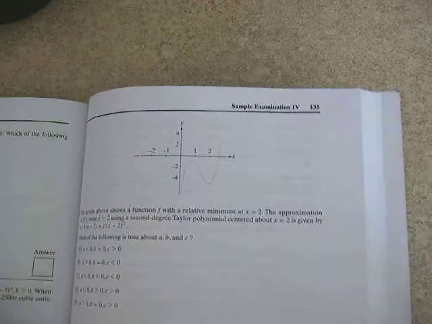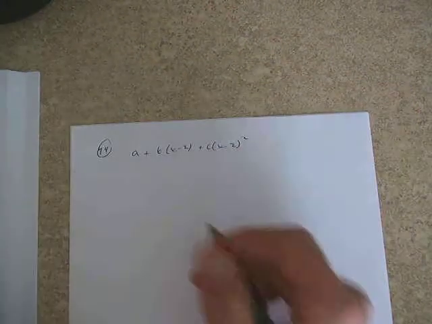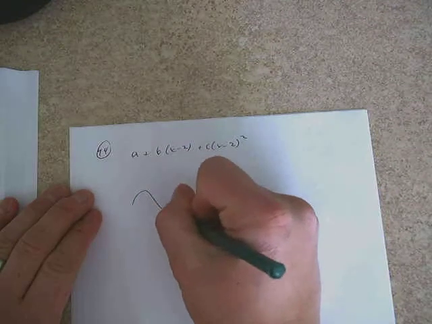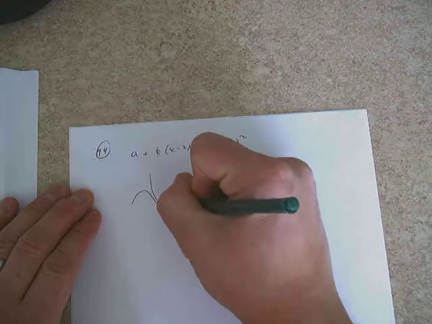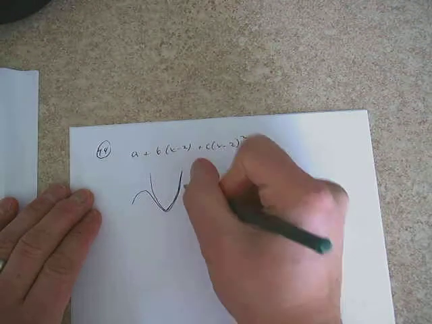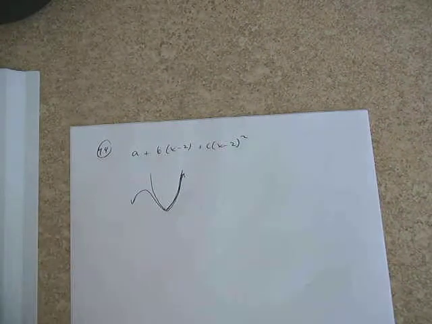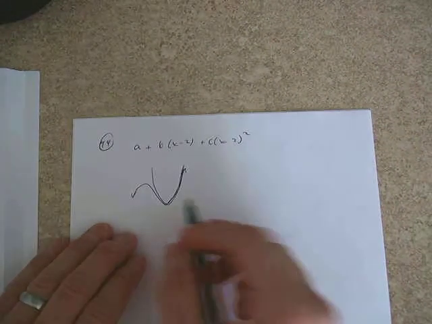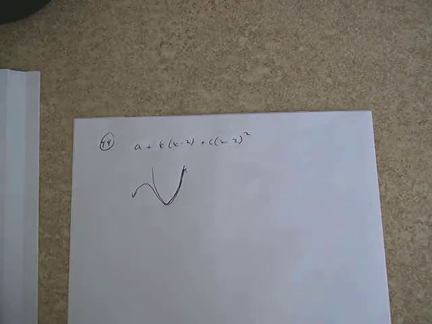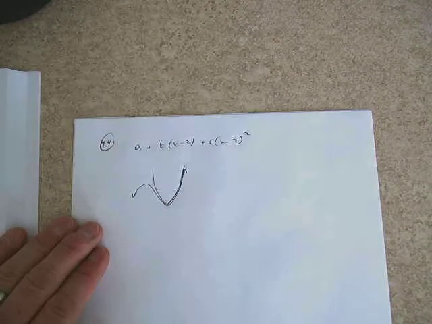So let's see if that helps us knowing what that picture must look like. Our parabola maybe looks something like that. If this is our cubic, or looks like a cubic, either way our parabola should look like this. So based on the fact that we do have a minimum at that point at 2, what would that tell us about C?